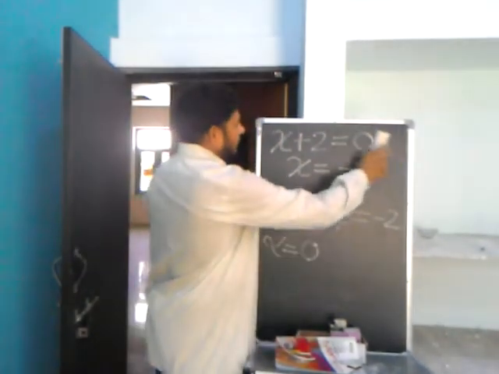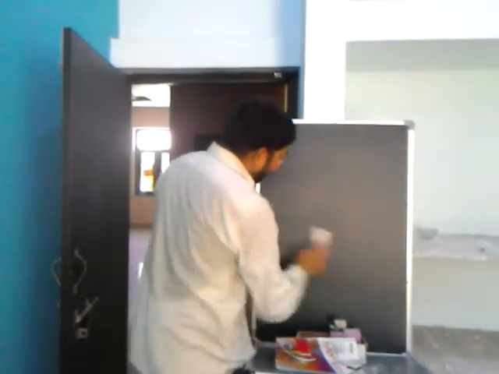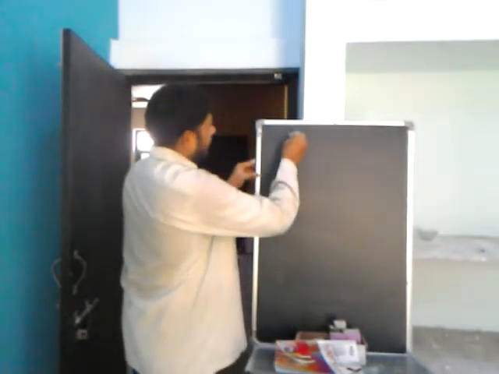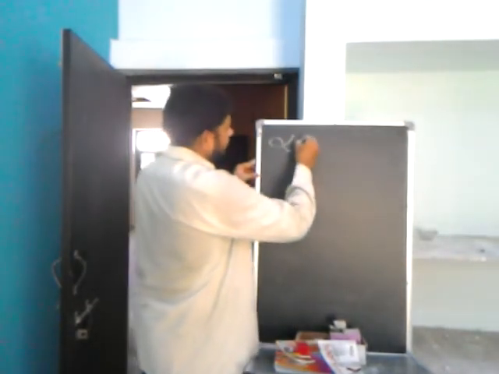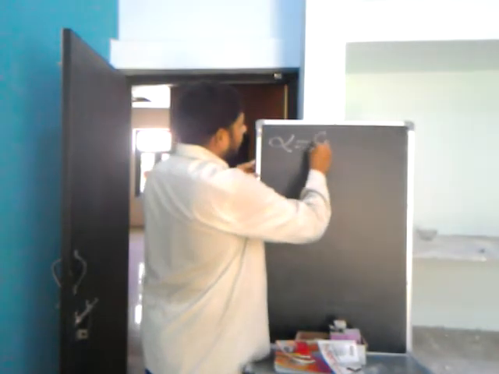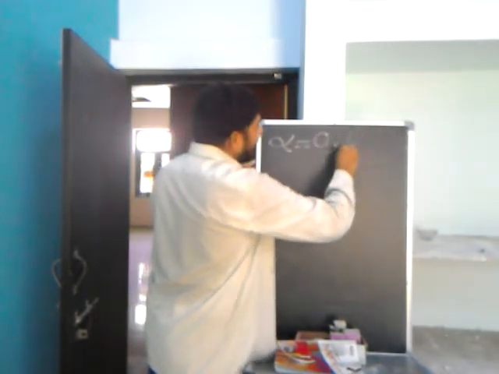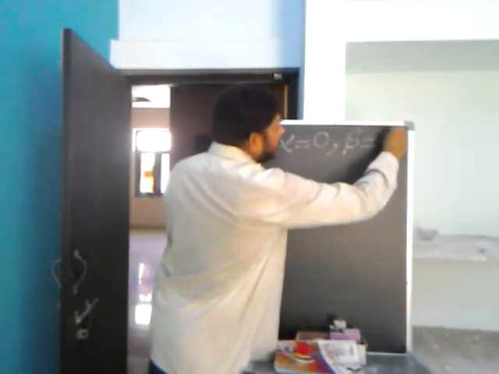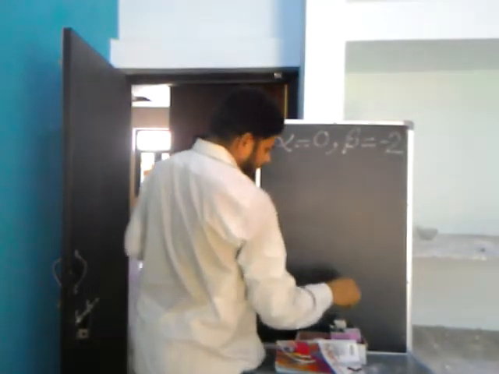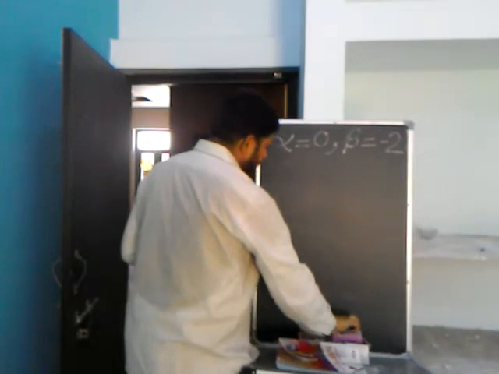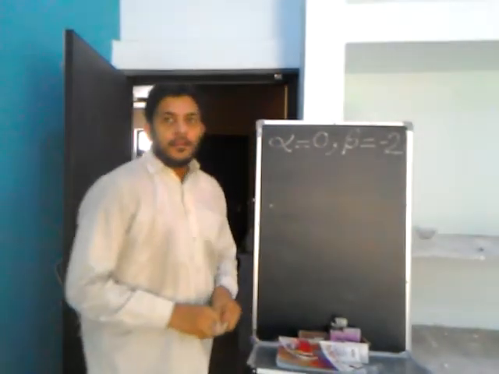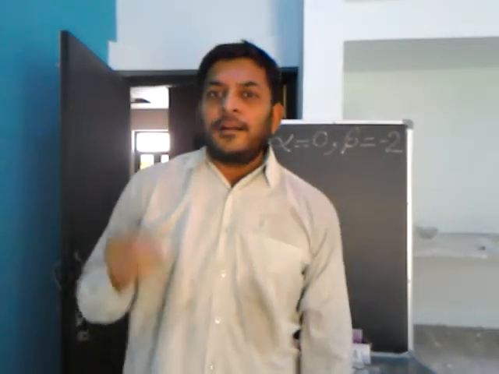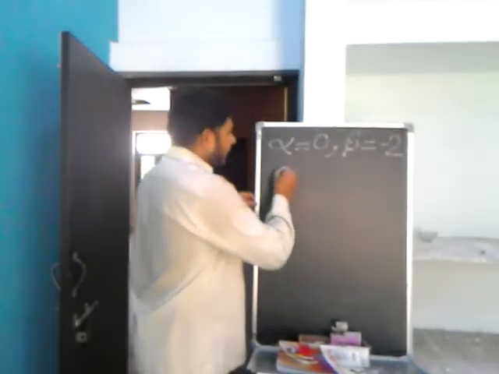Now we have alpha, which is 0, and beta, which is minus 2. Next step, I shall compare my question with ax square.